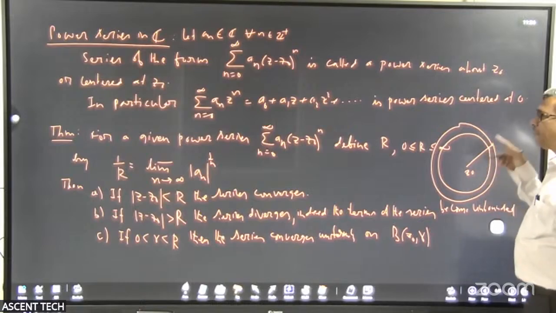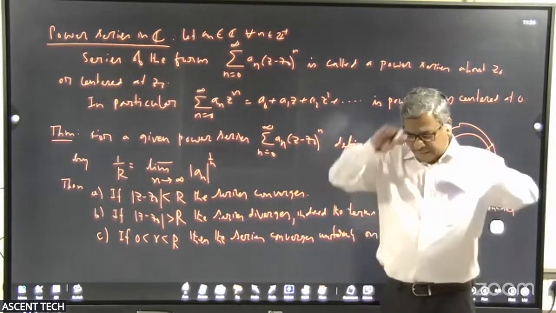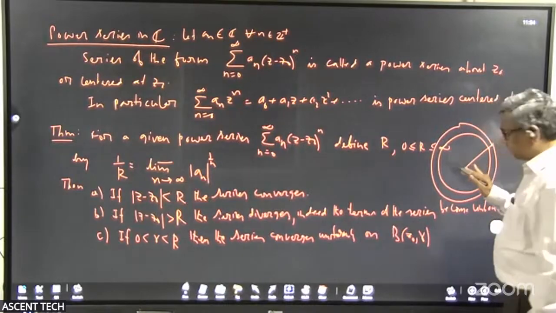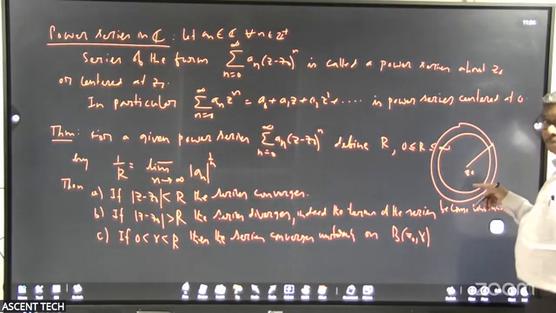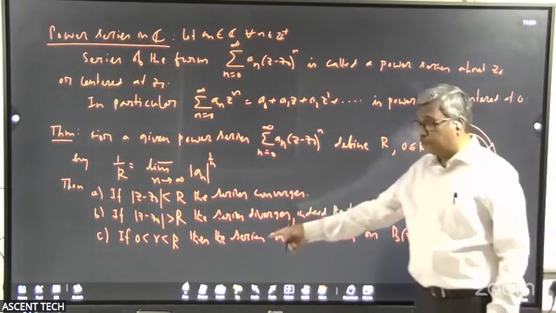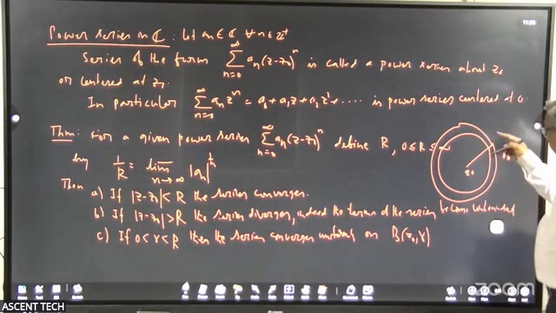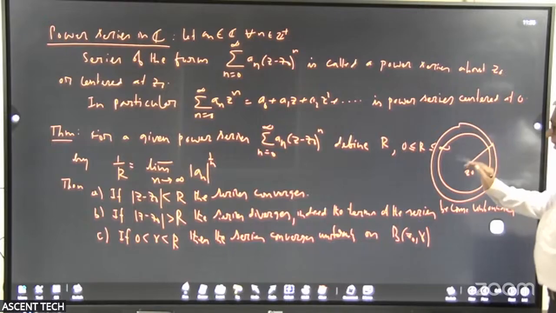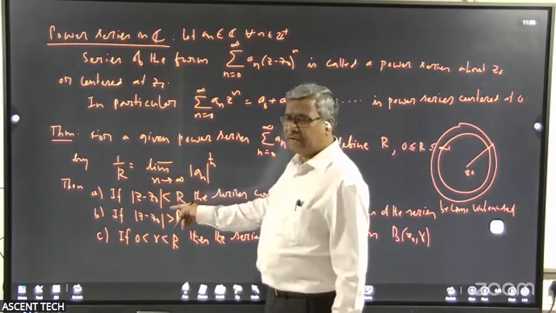So this is called the radius of convergence. There is a circle beyond which it diverges, and inside which it converges. This says nothing about what happens on the rim, mod z minus z naught equal to R. On the entire open disc mod z minus z naught less than R, there is pointwise convergence.